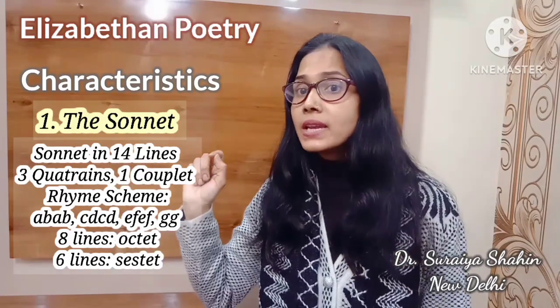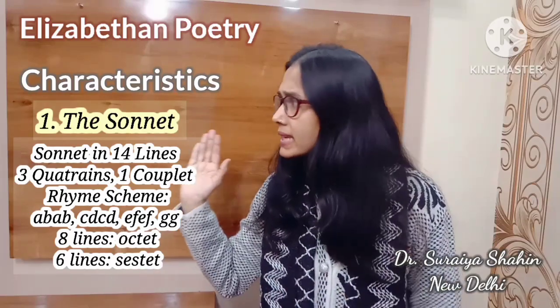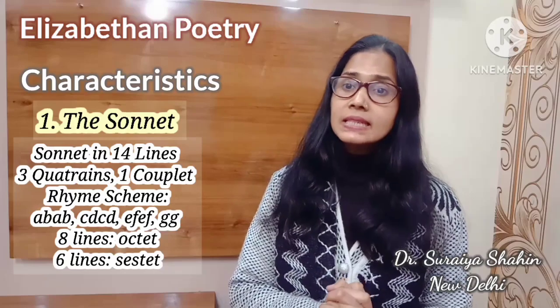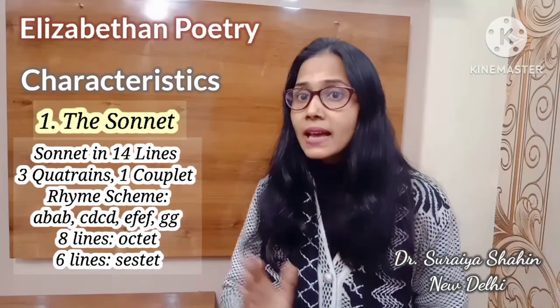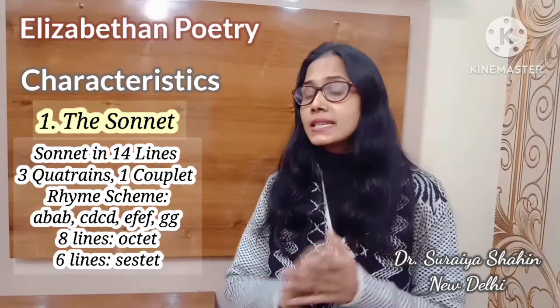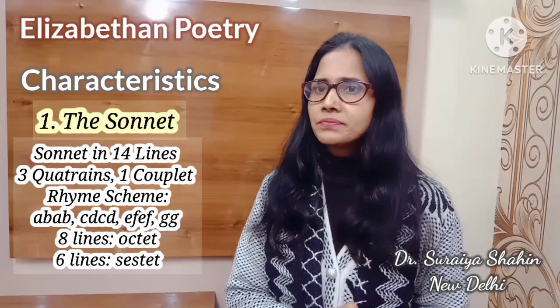The rhyming scheme is ABAB CDCD EFEF GG. Clear? The first 8 lines are called the octet and the final 6 lines are called the sestet.